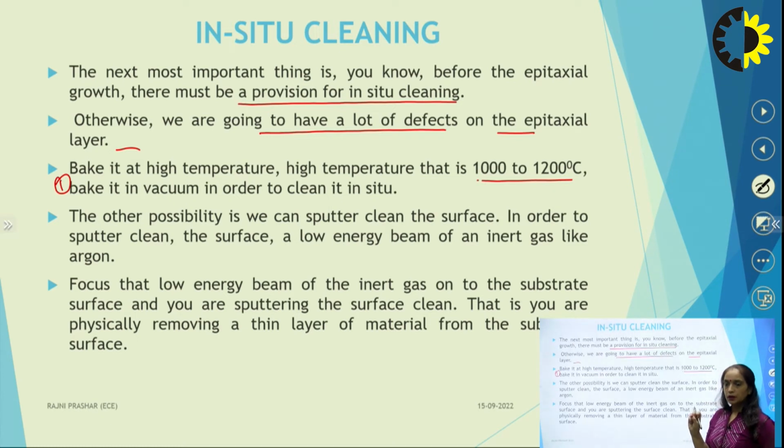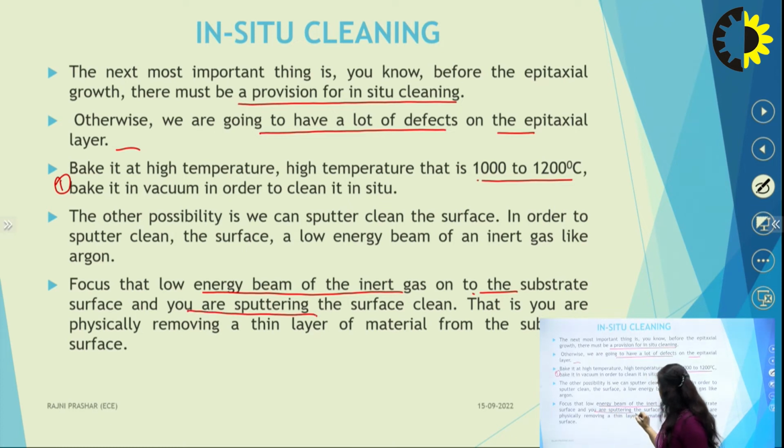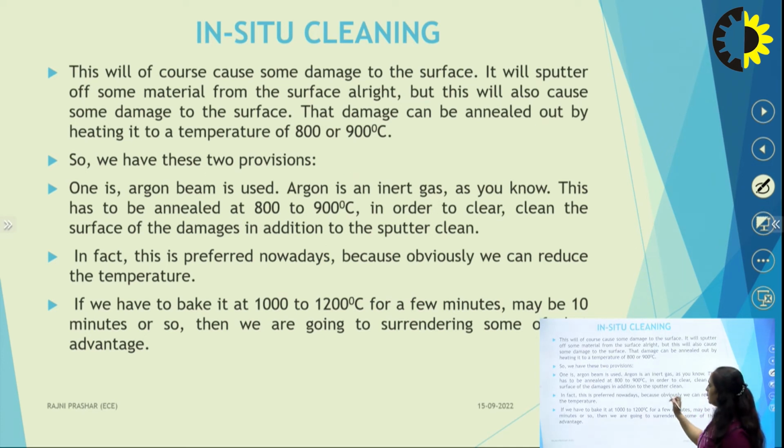A low energy beam of an inert gas, generally argon, is focused on the surface and you are sputtering the surface so that it can be cleaned, physically removing the thin layer. The drawback is that it may give you some dislocations, but generally we prefer this method.